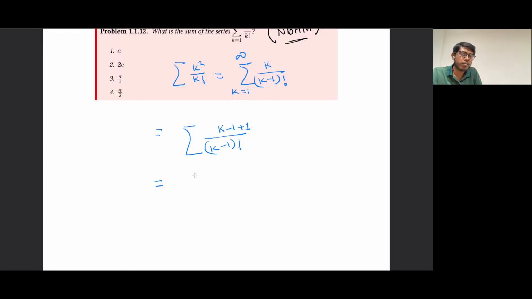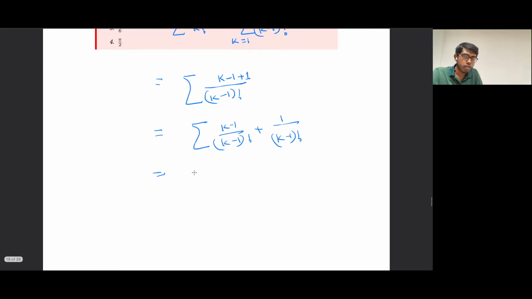And then what is this? This is (k minus 1) by (k minus 1) factorial plus 1 by (k minus 1) factorial, and this is equal to 1 by (k minus 2) factorial plus 1 by (k minus 1) factorial.